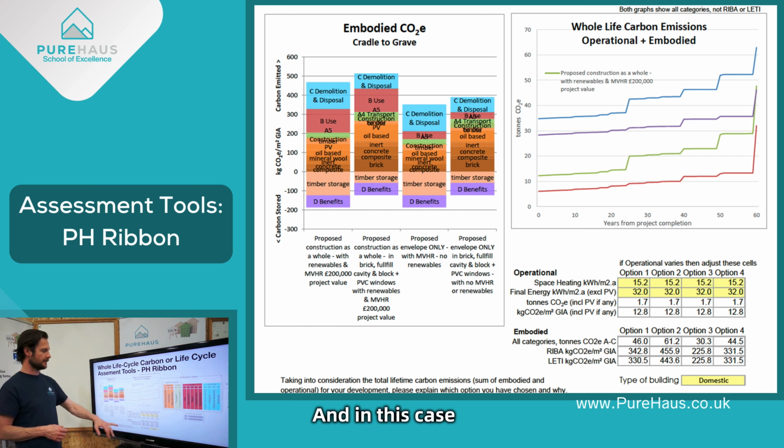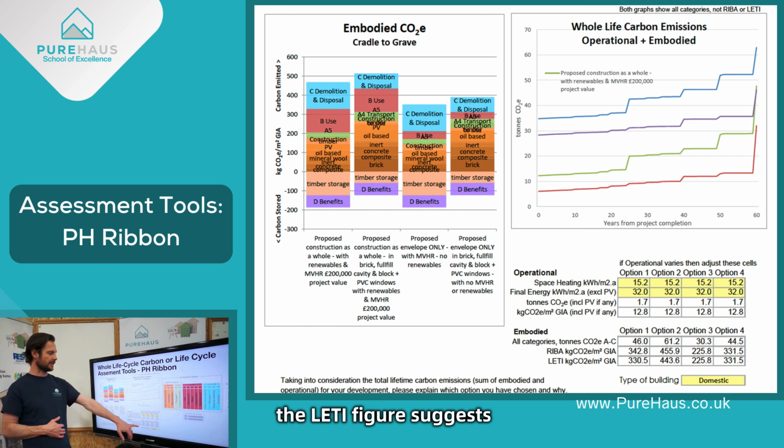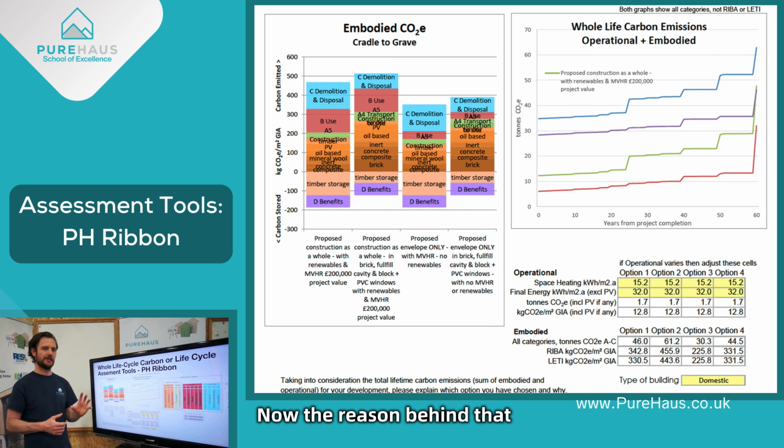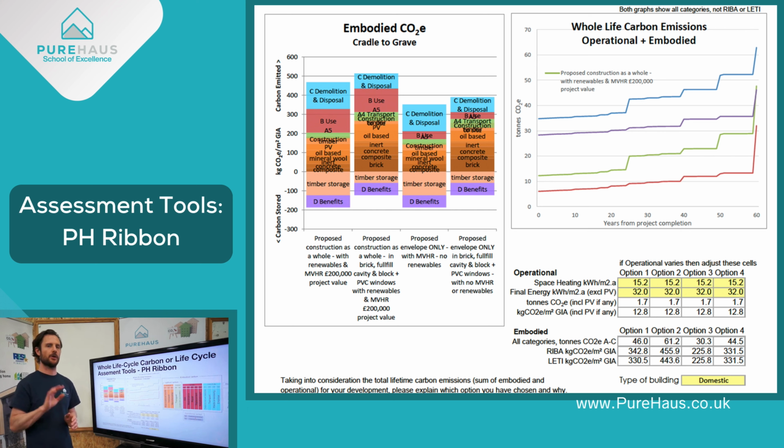And in this case, the LETI figure suggests that this same building here in this example has a smaller carbon footprint than the RIBA standard. Now, the reason behind that is because one of them takes into consideration renewable energy, and the other one says, no. Renewable energy is to do with the grid.